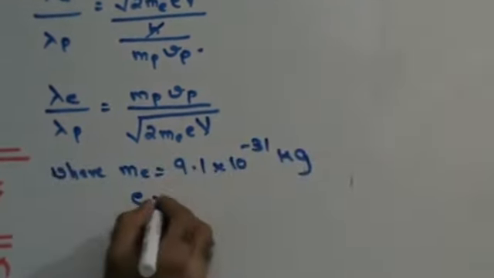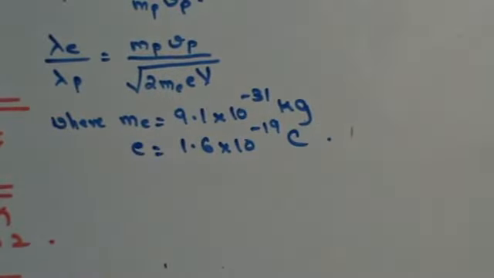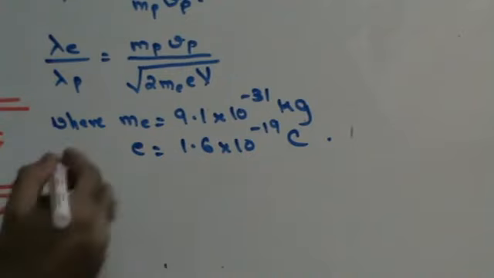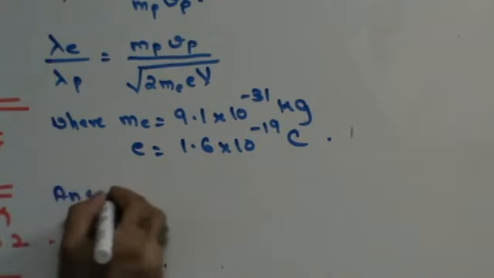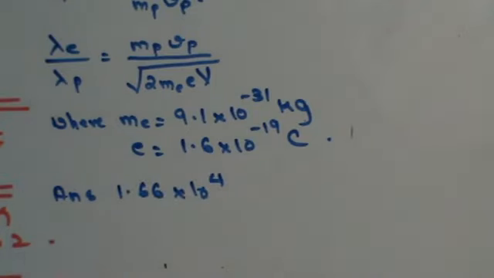Charge on the electron we know is nothing but 1.6 into 10 raised to minus 19 coulombs. Potential difference is given to you. You could substitute and get this answer. Right? The ratio, this answer should come out to 1.66 into 10 raised to 4.